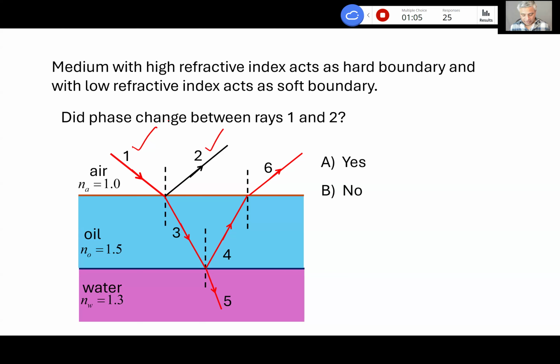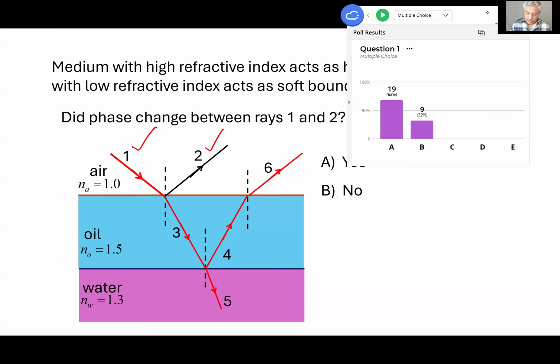Thirty more seconds. And 5 more seconds. 5, 4, 3, 2, 1, and it stops. Let's see what we got here.